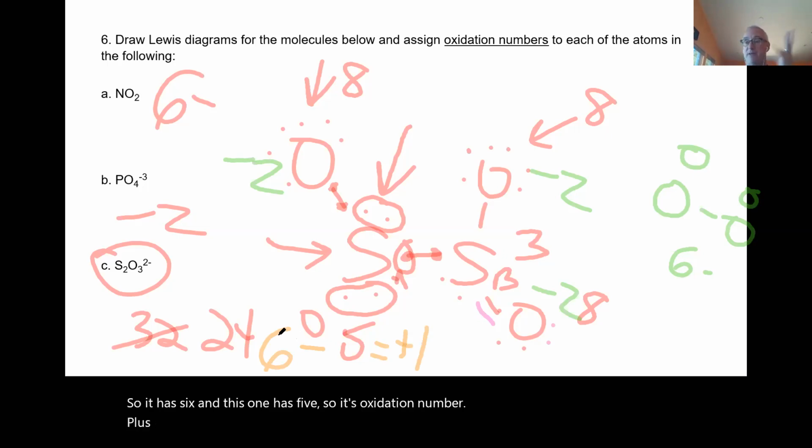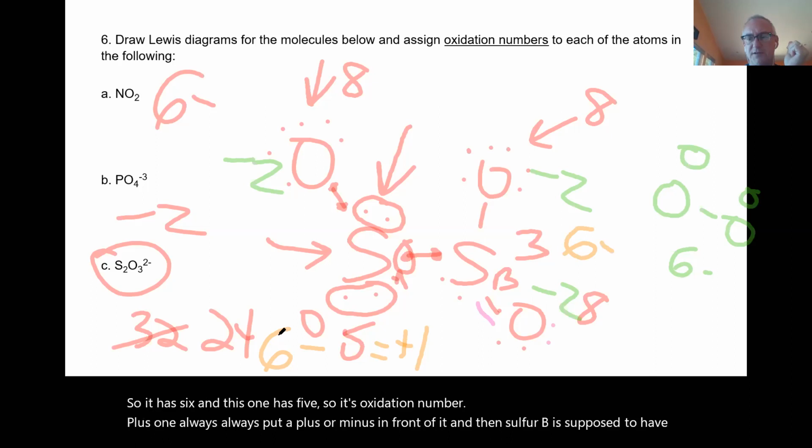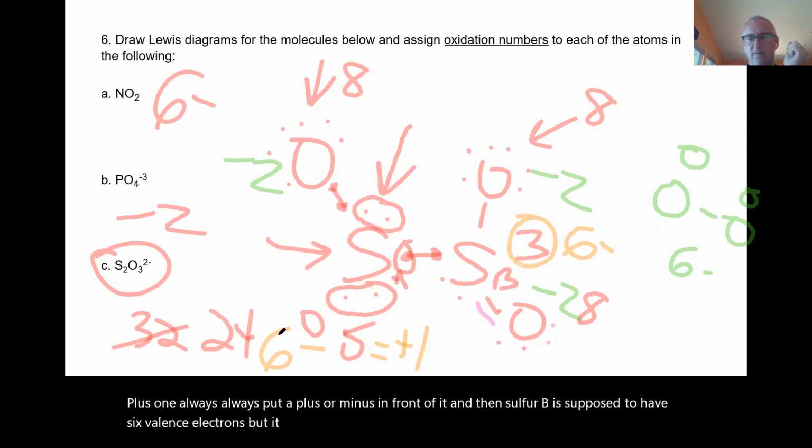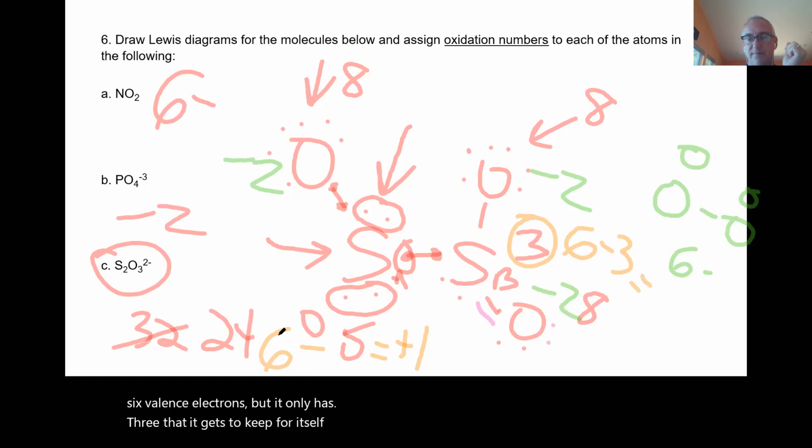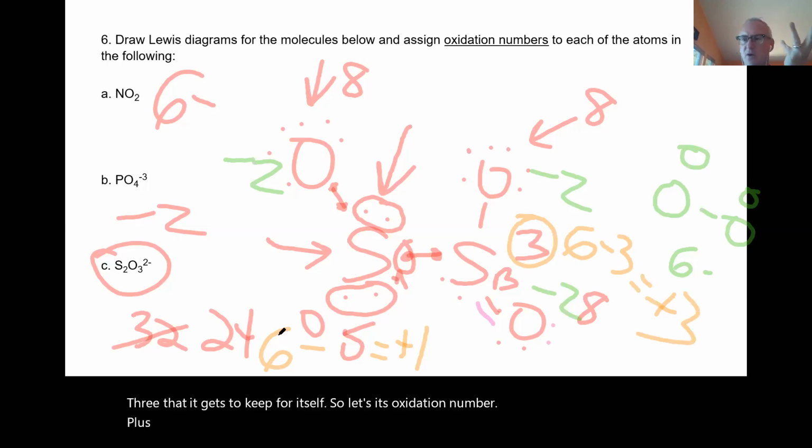Always put plus or minus in front of it. And then sulfur B is supposed to have 6 valence electrons, but it only has 3 that it gets to keep for itself. So what's its oxidation number? +3, exactly.